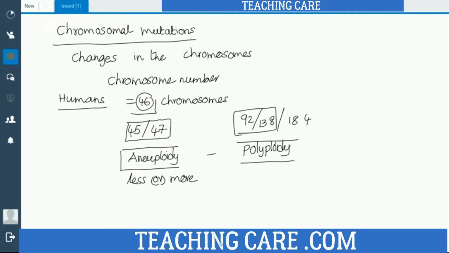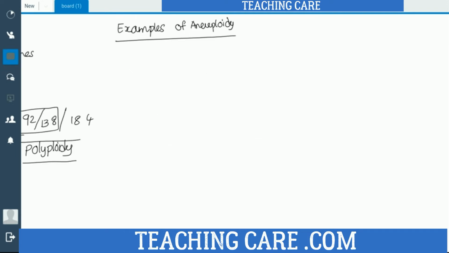Now we'll discuss examples of aneuploidy, where the chromosome number is less or more. In this we have some human examples.